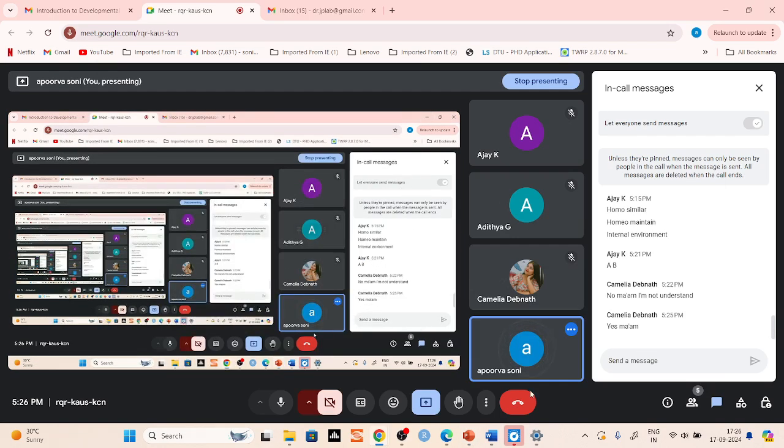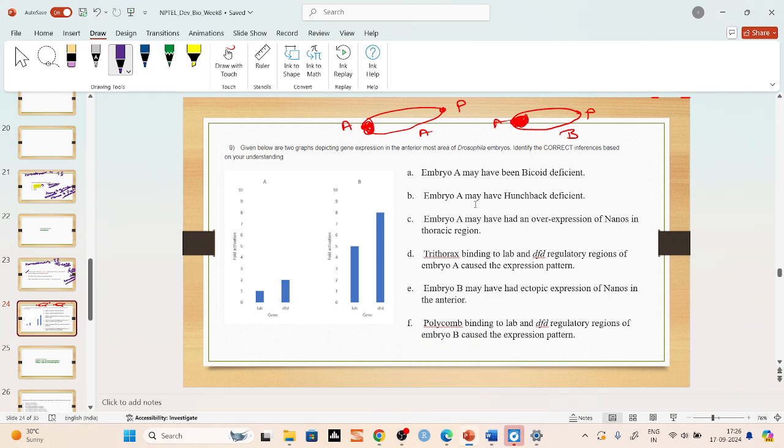Okay. So in this way, option A and option B both are correct. Because in embryo A, the two genes which are responsible for head formation: labial is important for the head identity, and deformed is also required for the head region.